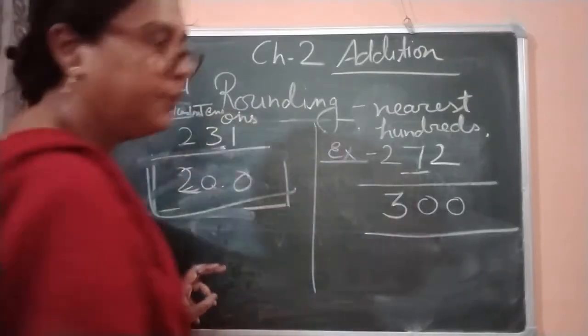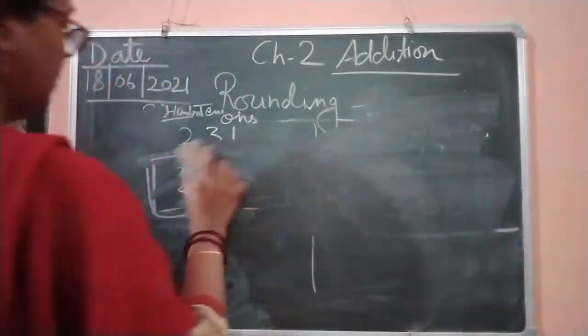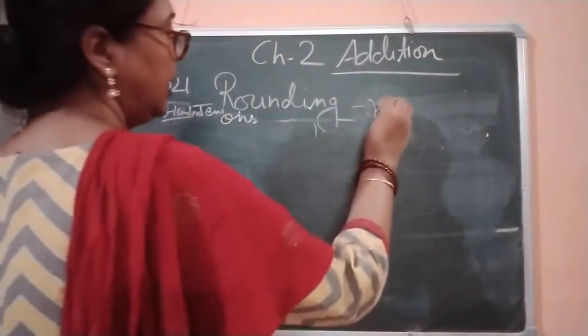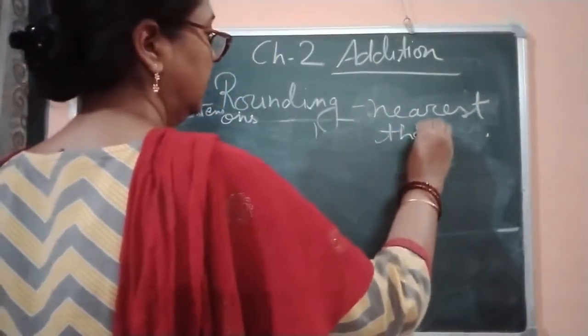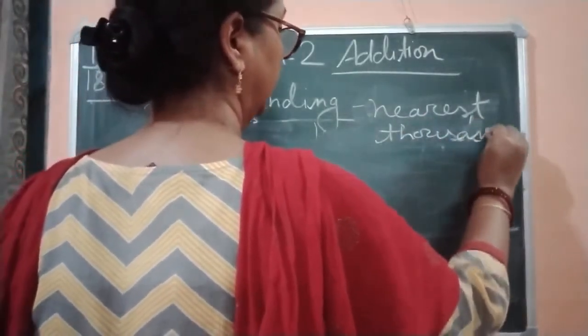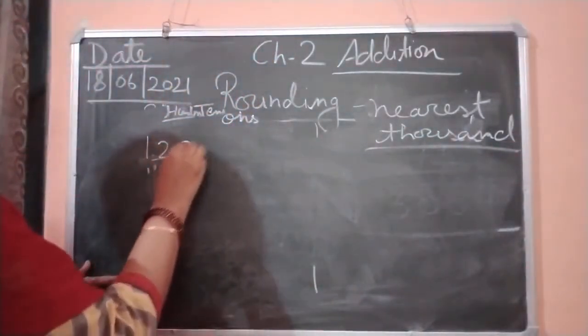Suppose your number is to be rounded to the nearest 1000. Okay. If we are rounding off to the nearest 1000, so what we will do? Nearest 1000. Okay. Now here 1, 2, 3, 4.